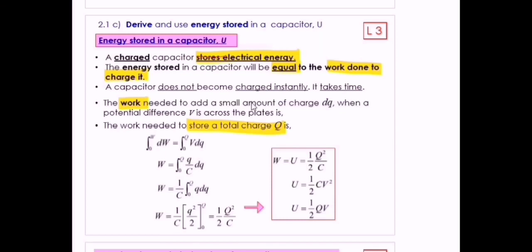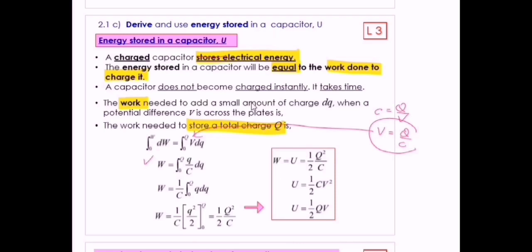And then we have the equation where C equals Q over V. So when we rearrange, V equals Q over C. So we replace the V here with Q over C. That's how we get the following part of the working. Then we integrate it from 0 until Q.